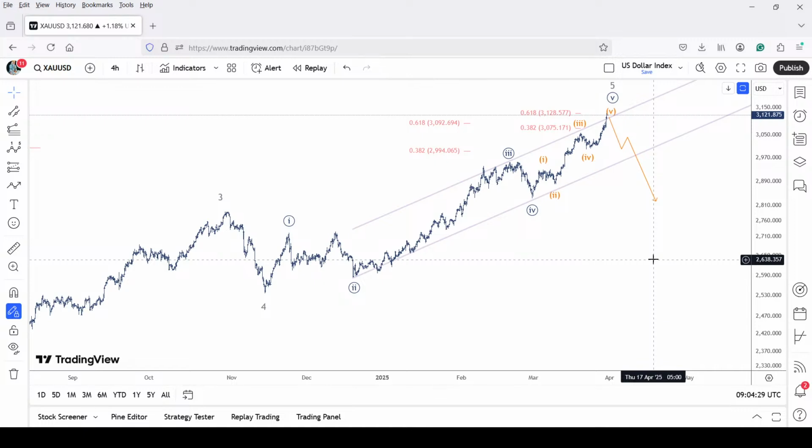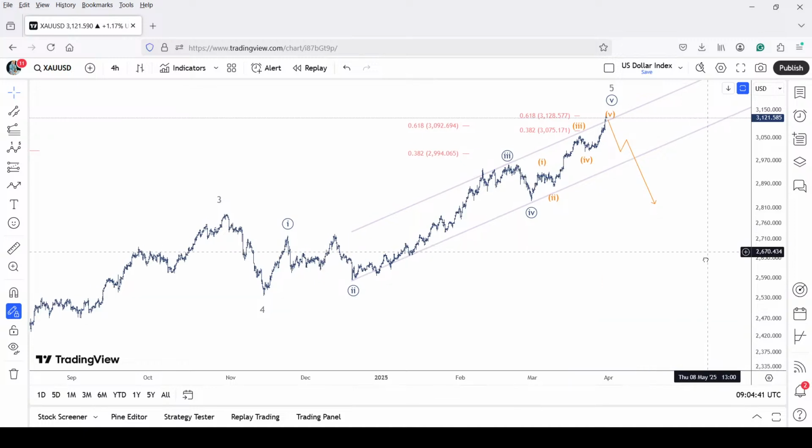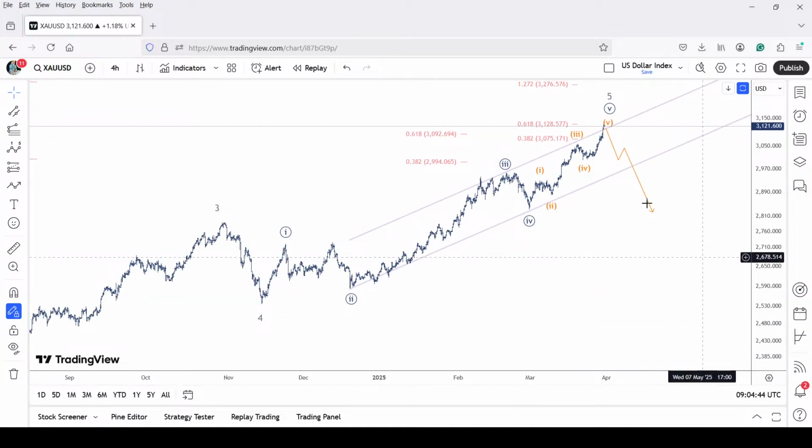If I want to relabel this chart, the only change I would make is to shift the minute wave 3 right to the recent price action, and minute wave 4 then shifts to the right side, which would carve around the 3000 mark, and minute wave 5 would go higher.